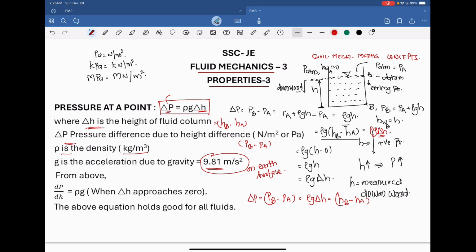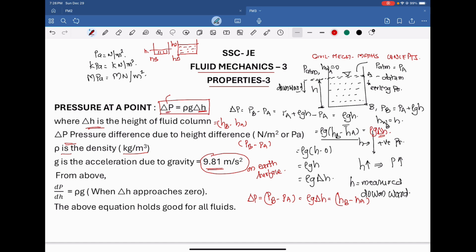As the water column increases, that means from the bottom of the beaker, this is H1, this is HB. The weight will be lesser. If you take the same beaker, you are not disturbing, and the water column is H2, this is HB, the weight will be more.